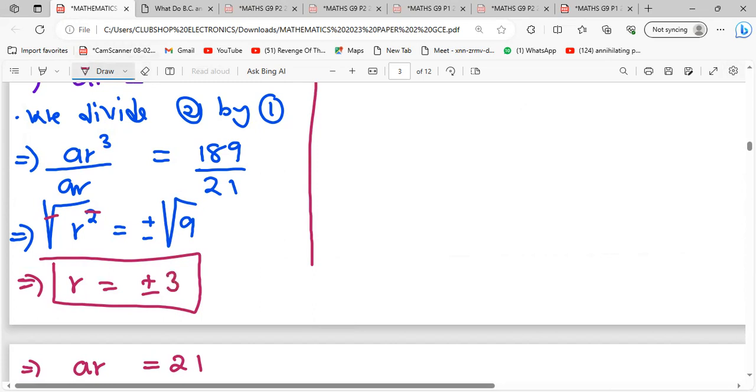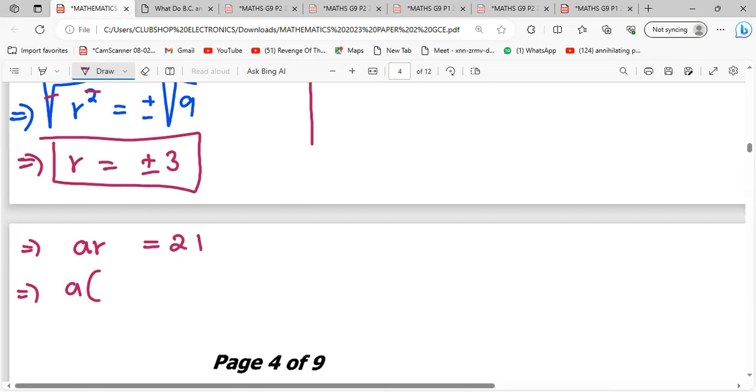So plus or minus 3. So we can take positive 3, A times 3 is equal to 21. So when we divide by 3, our A is equal to 7.